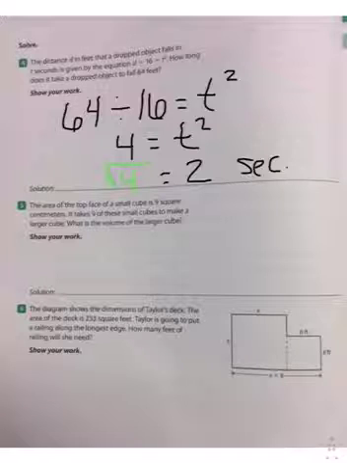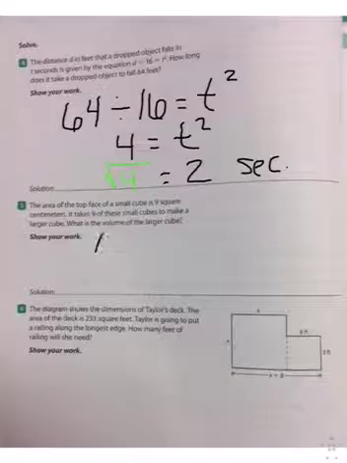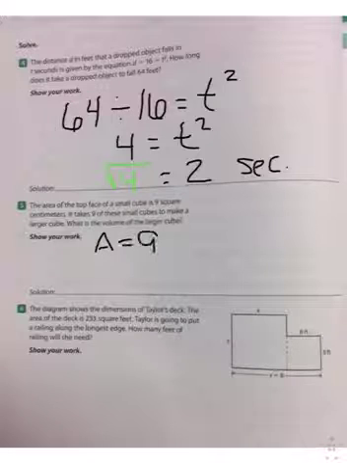Number 5. The area of the top face of a small cube is 9 square centimeters. It takes 9 of these small cubes to make a larger cube. What is the volume of the larger cube? So first things first, we have the area. The area is 9, meaning we need to find the length and the width.